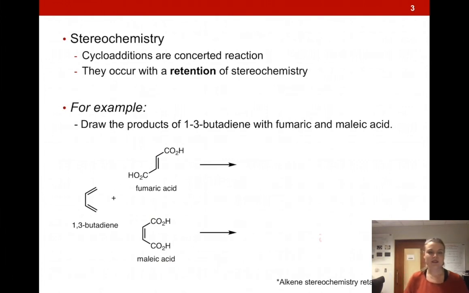Now, this cyclic transition state in the concerted reaction mechanism is important to stereochemistry. Because of that concerted reaction, they occur with a retention of stereochemistry.